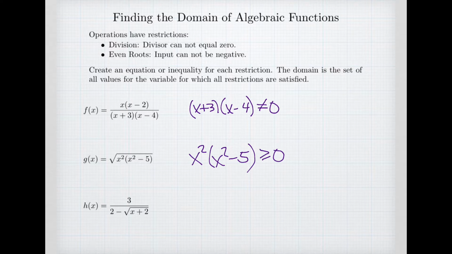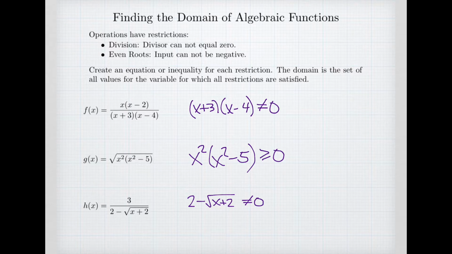Finally, my third example, h of x. This function involves both division and a square root. And so for the division, we are not allowed to divide by 0. And so we create a restriction that 2 minus the square root of x plus 2, that's everything in the denominator, cannot equal 0.